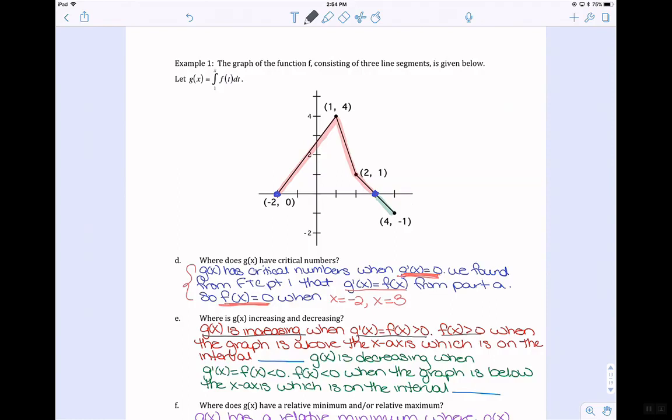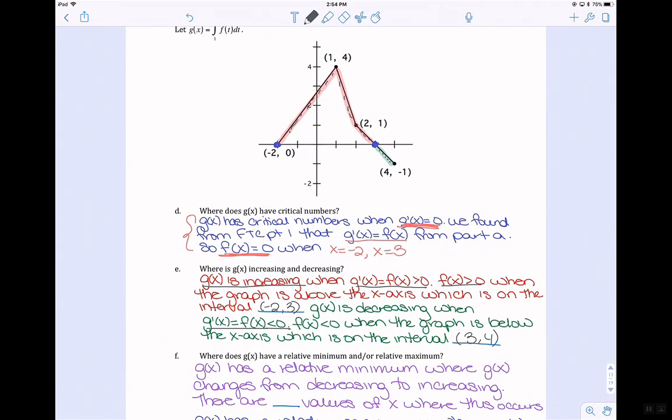F is bigger than 0 when the graph is above the x-axis. So I've already colored it for you, which is on the interval from -2 to 3. G of x is decreasing when g prime, or f, is less than 0, which I already colored green here, from the interval from 3 to 4.